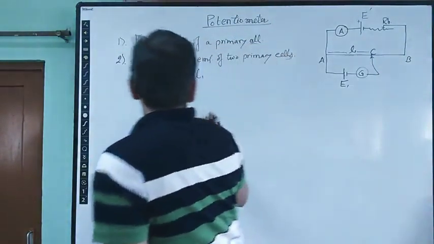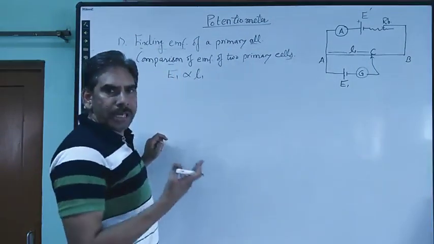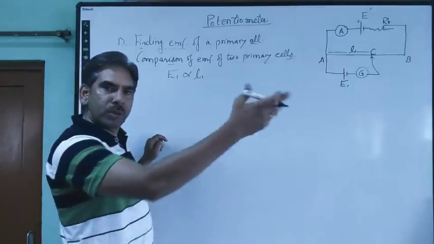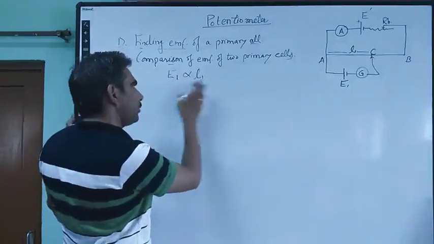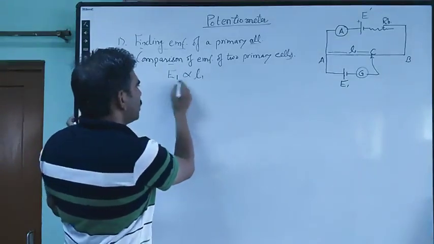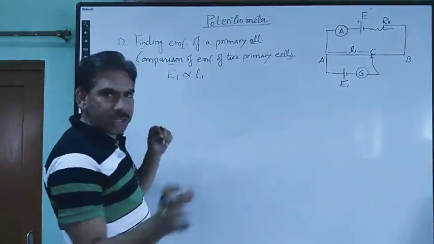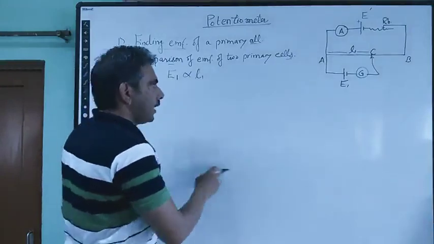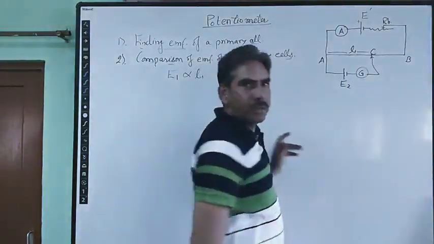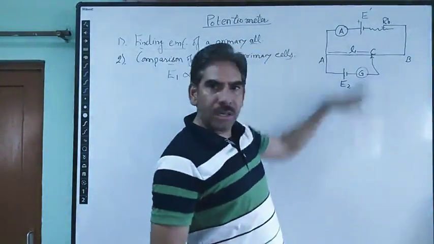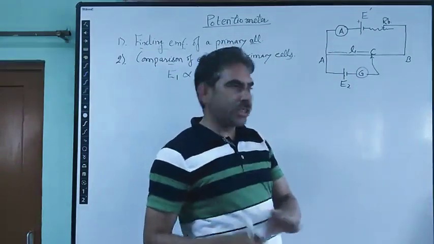From the principle of the potentiometer, the potential drop across any length of the wire is directly proportional to the length of the wire. Therefore the potential drop across this length will be equal to the EMF of the cell. So E1 is proportional to L1. All other constants remain constant. Then we take this out and connect the second cell having EMF E2, and we do the same procedure for the second cell.